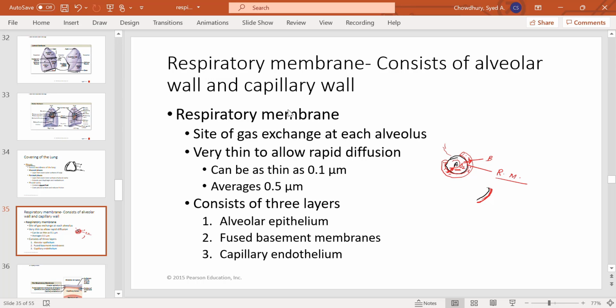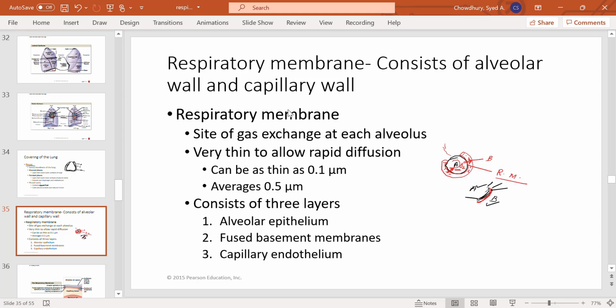This is the alveolar wall, okay, the black one. So the capillary wall and the alveolar wall are attached to each other, and you have the air here and blood here, right? So this is inside the capillary, this is inside the alveolus. So this is the respiratory membrane, formed by the alveolar wall and the capillary wall.